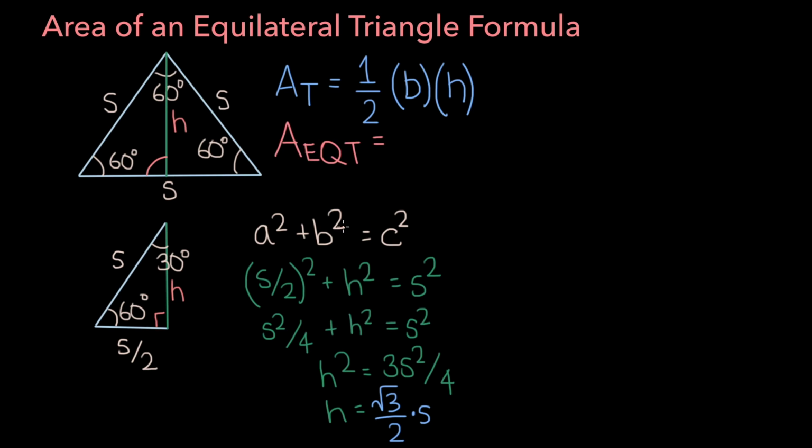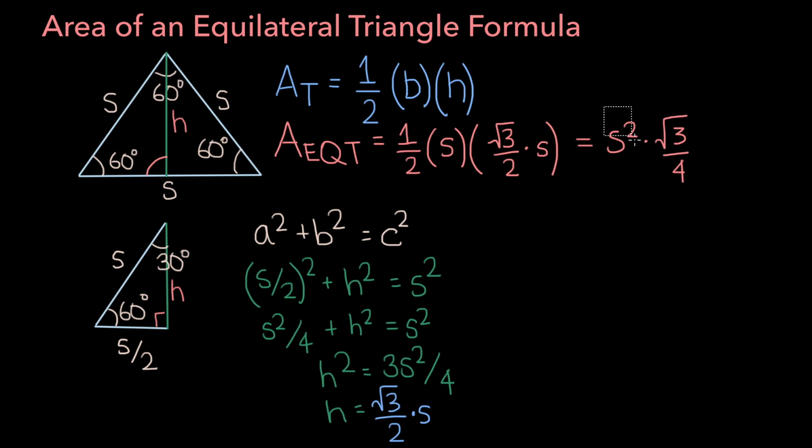And that formula is: the area of an equilateral triangle is equal to 1/2 times the base, which we know is s, times the height of our equilateral triangle, which we know is root 3 over 2 times s. We can simplify this a little bit, and what we'd get is s squared times root 3 over 4. And so this is the general form for the area of an equilateral triangle with side length s.